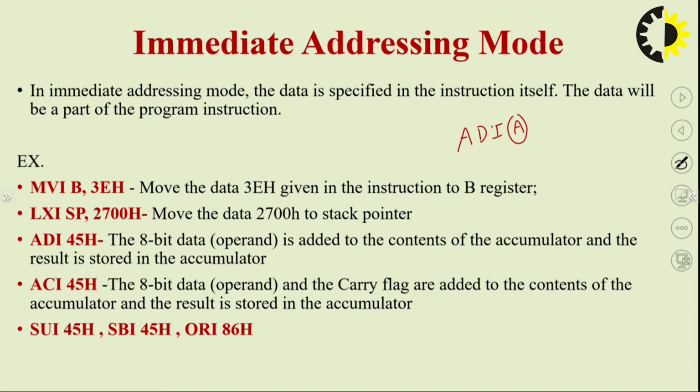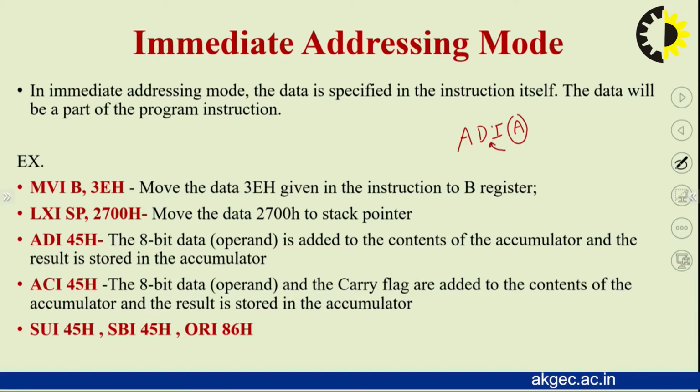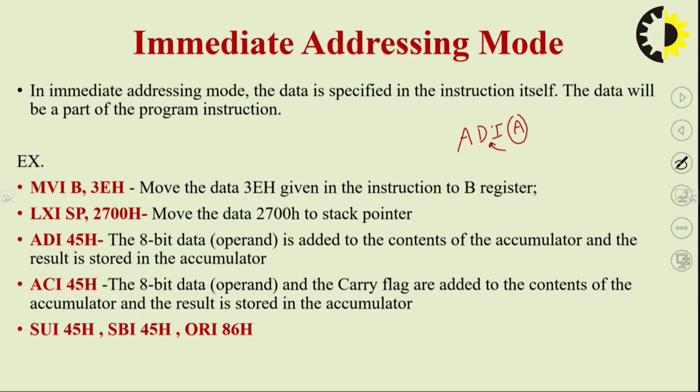The accumulator is a part of the instruction. Earlier I told you that some instructions have no operand, and some have one operand. So by default we can say that here is the accumulator.